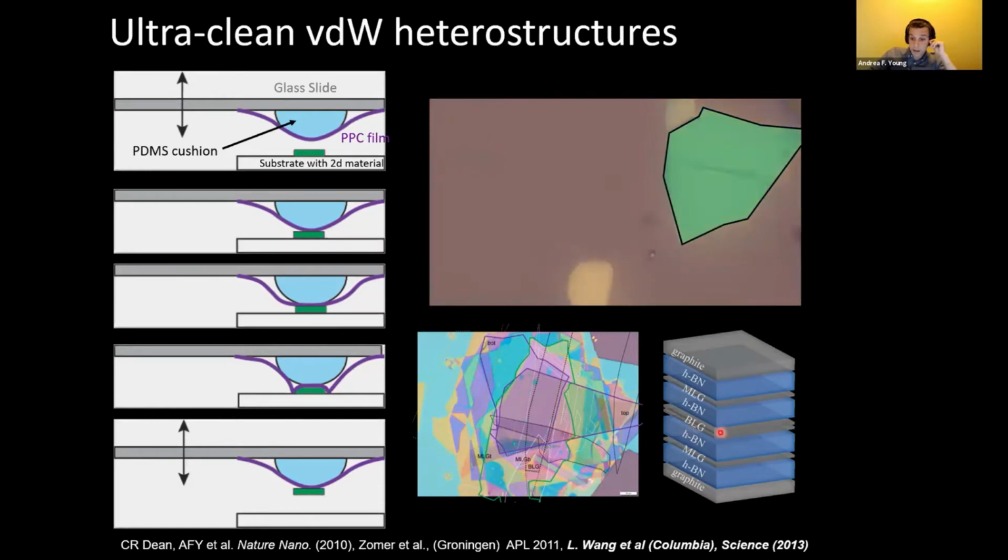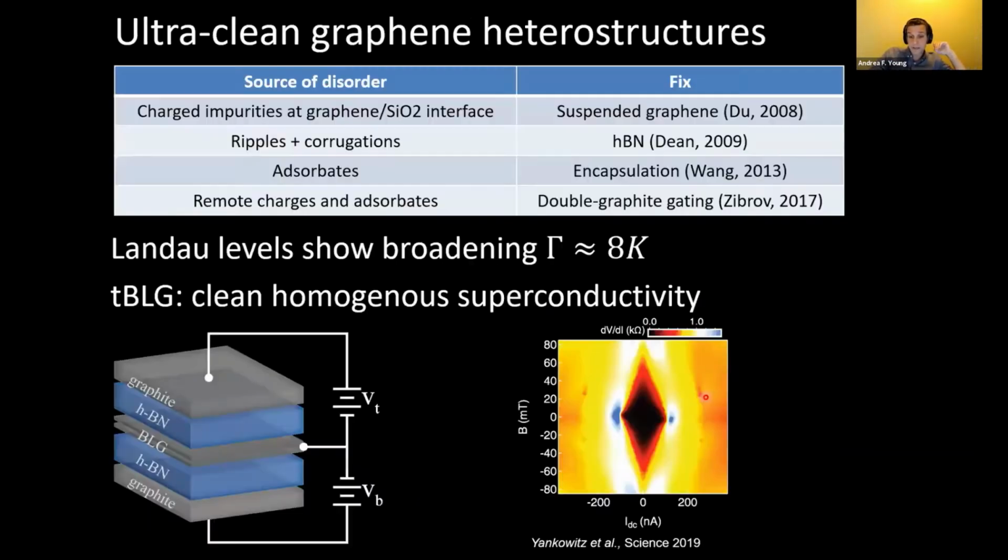So we do this by using graphite gates and hexagonal boron nitride gate dielectrics. The latter is standard. The former is not entirely standard in the field yet, but this allows you to realize extremely clean heterostructures with very low charge disorder, with mobilities in, say, monolayer graphene comparable to what you get in the cleanest III-V semiconductor systems.